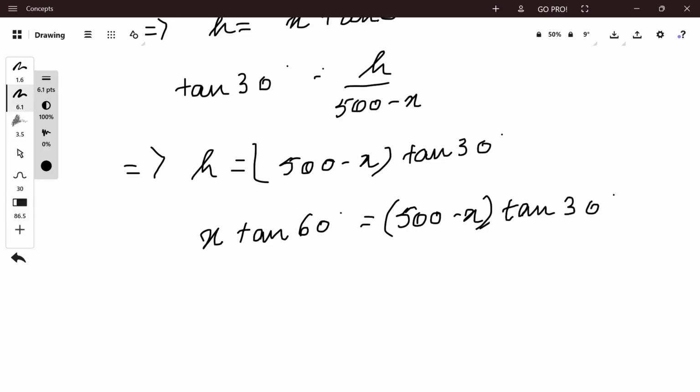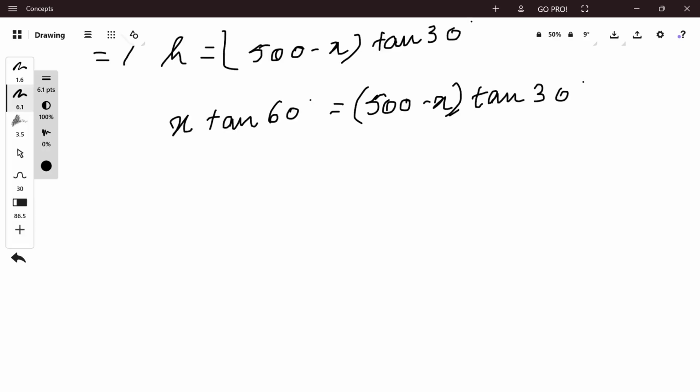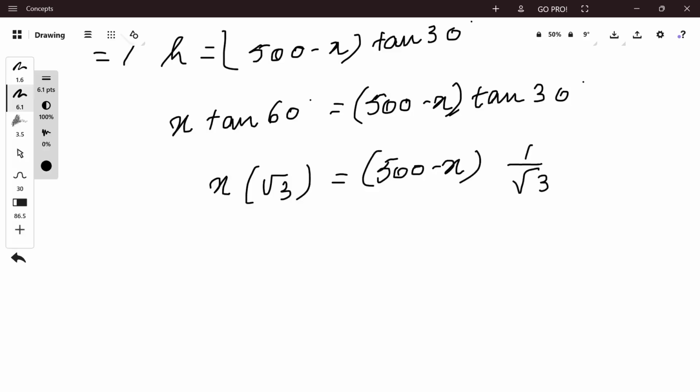Substituting the known values of the tangents, we have tan 60 as root 3 and tan 30 as 1 upon root 3. That is, x root 3 is equal to (500 minus x) times 1 upon root 3, which is 3x is equal to 500 minus x, that is x is equal to 125.